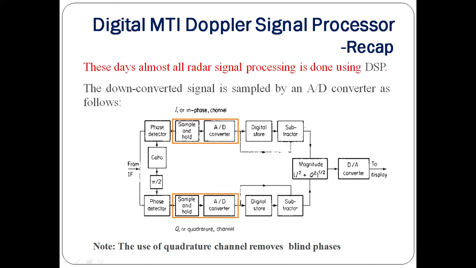The information lost in the I channel can be recovered using the Q channel, and the information lost in the Q channel can be recovered in the I channel. The concept of quadrature channel was effectively discussed in the previous lecture with the help of blind phases. For the time being, we have considered in this block diagram a single delay line canceller, because we have included only one delay.